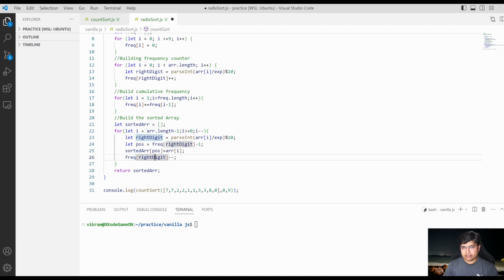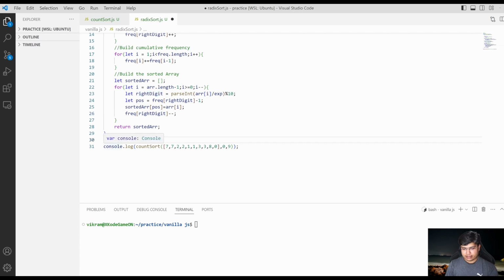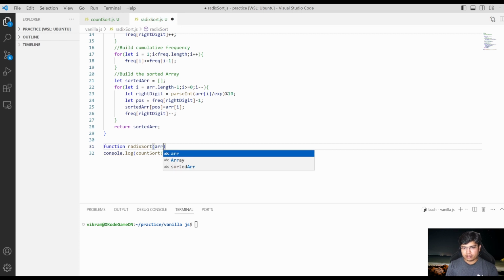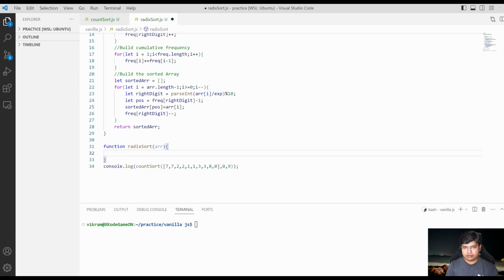It's basically the same thing we did in the count sort, but instead of the number itself being used as a key, we are using its rightmost digit. And let's write another function, radix sort, and accept the array over here.